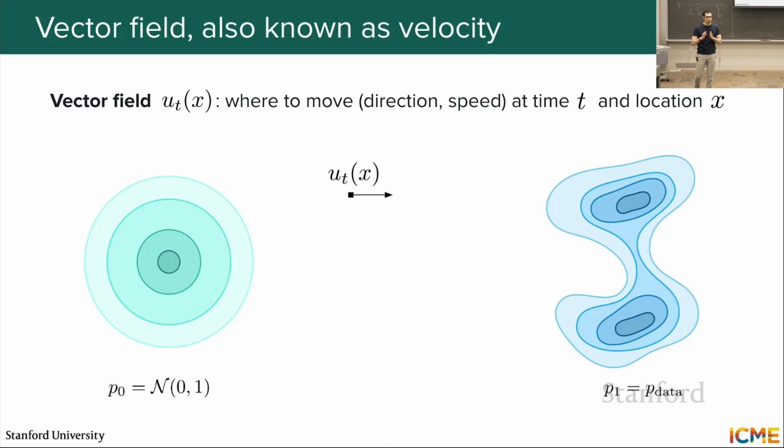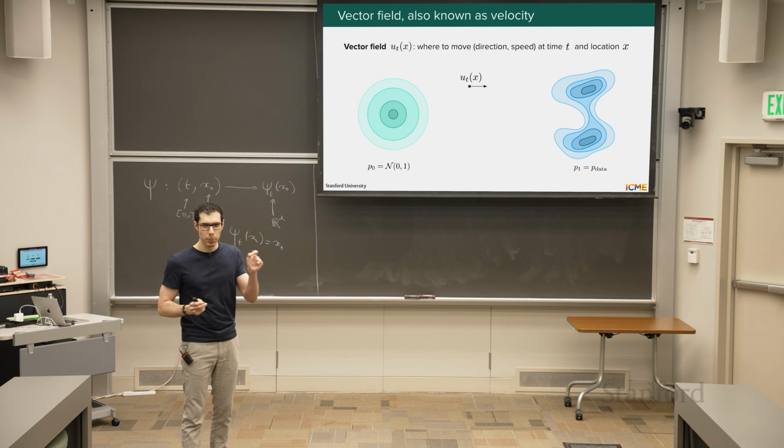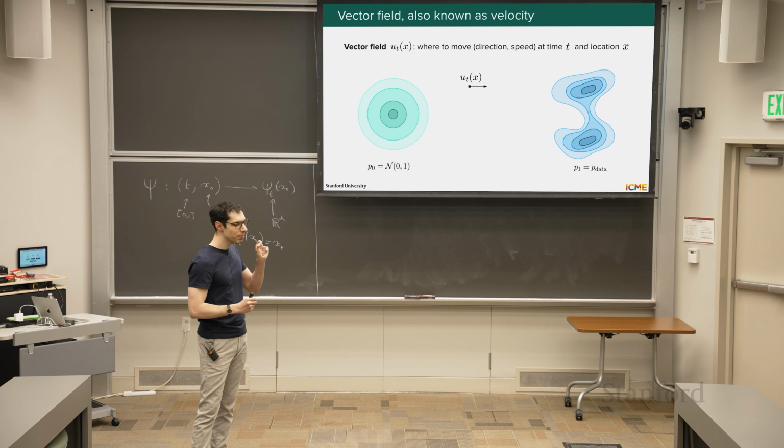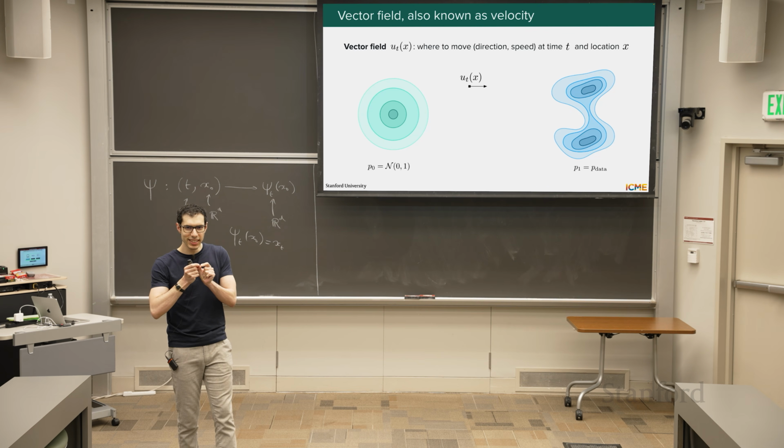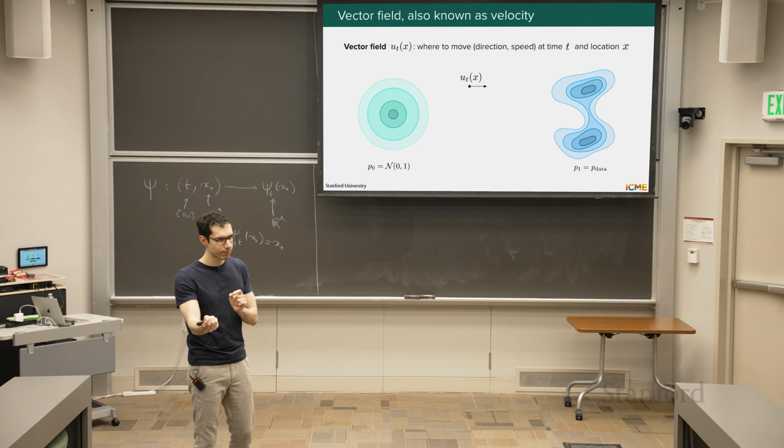Cool, and now we're going to talk about a central object of this whole field, and it's called the vector field. So the vector field is noted ut of x, and it is a function that takes in a place in space, so x, and a time t, and it gives you a vector.